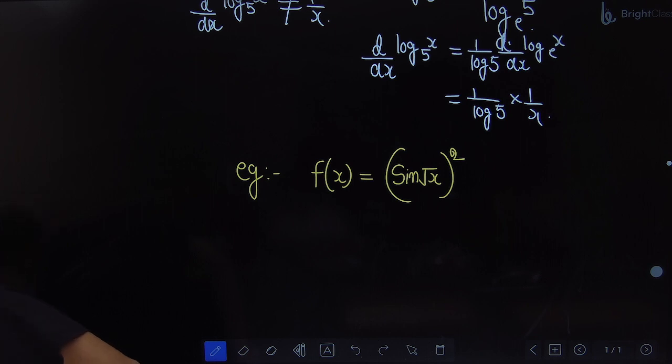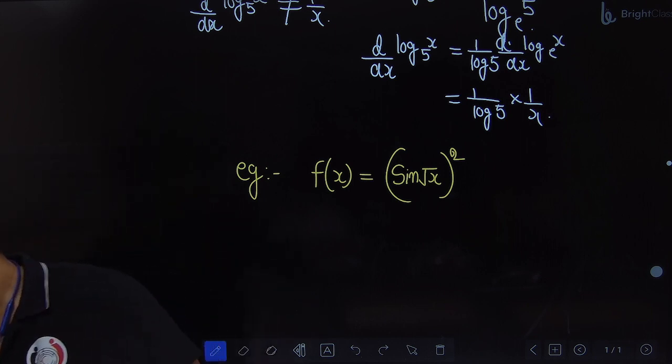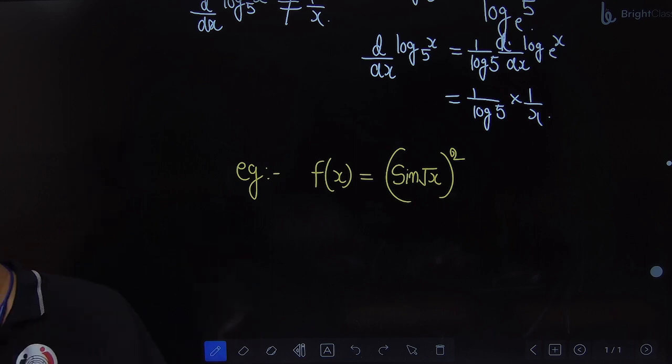Don't worry about right or wrong. We always start from which function? Outermost. We start from the outermost and slowly enter inside.